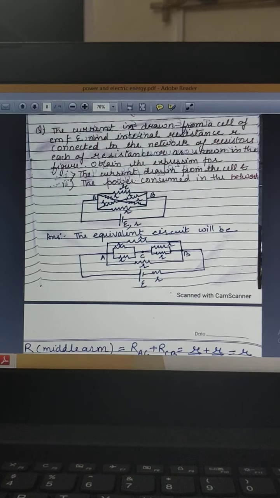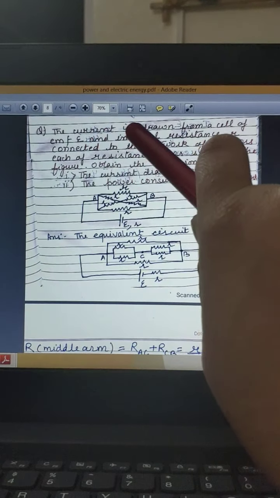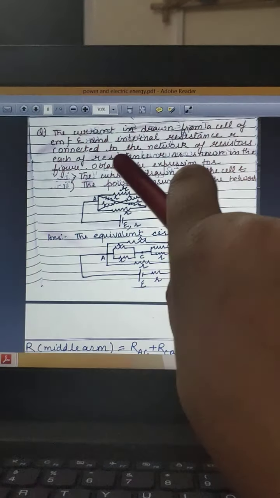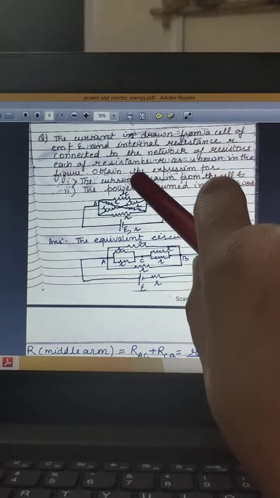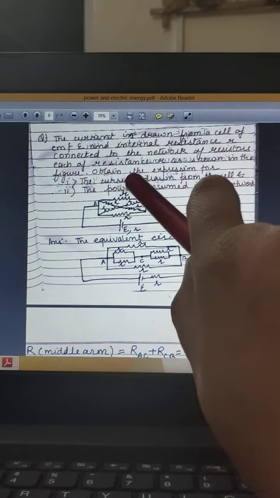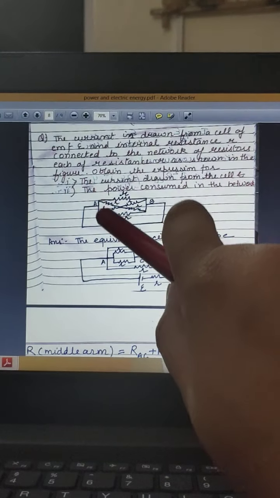Now the current is drawn from a cell of EMF E and internal resistance R connected to the network of resistors, each of resistance r, as shown in the figure. Obtain the expression for first, the current drawn from the cell, and second, the power consumed in the network.